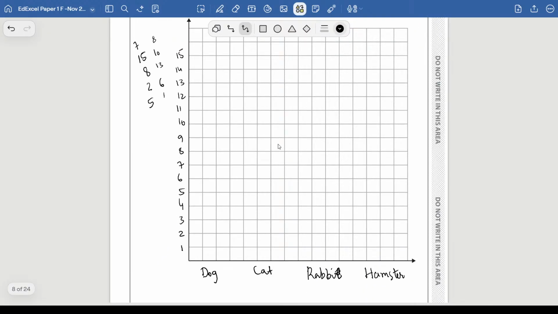so let me use a ruler to draw the straight line. For the dogs, the first one is 15. There are 15 of them who like the pet as dog. So I will draw a bar here. Oops.